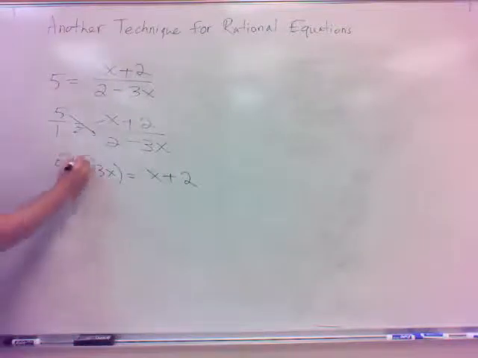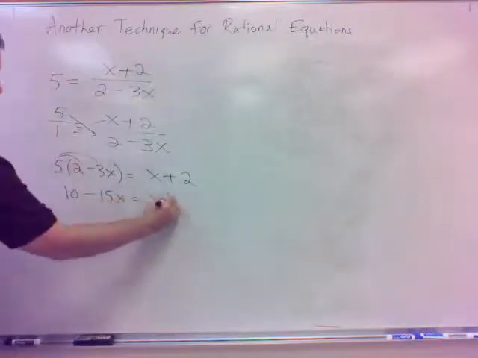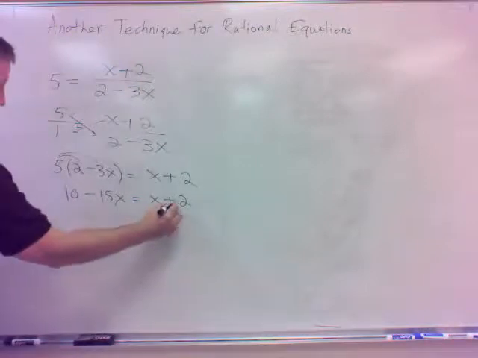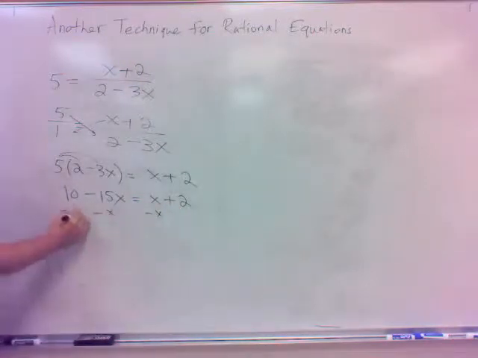So 5 times 2 is 10, and 5 times minus 3x is minus 15x, equals x plus 2. On this one, I think I'll subtract x and subtract 10 on both sides. I'll get rid of the 10s here.